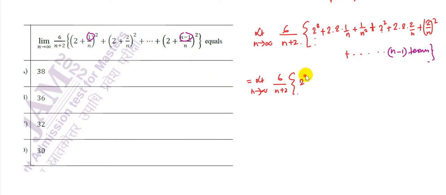So that means 2 square into n minus 1, and then you will have 2 into 2 into 1 by n, that means 4 by n into 1 plus 2 plus 3 up to n minus 1.